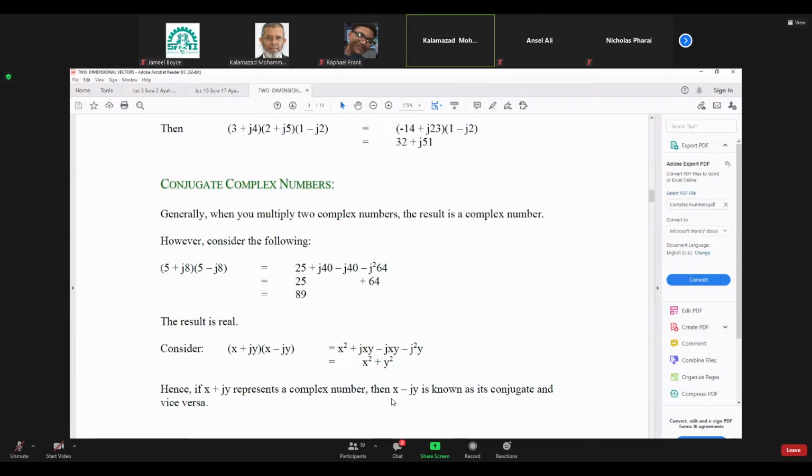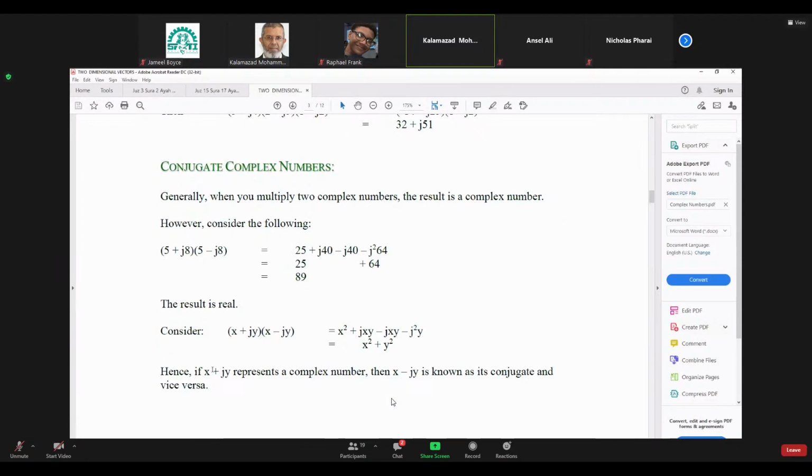So from up here, it is x plus jy by x minus jy. It's 5 squared plus 8 squared. Answer 89, right? Once we see this, we don't have to go through this long process. So x plus jy represents a complex number, then x minus jy is known as its conjugate and vice versa.